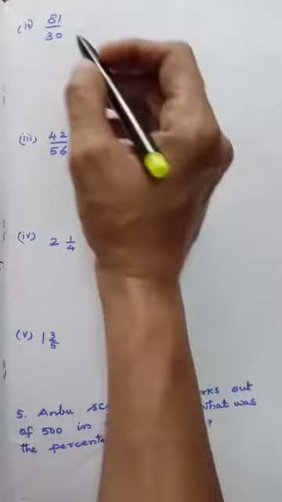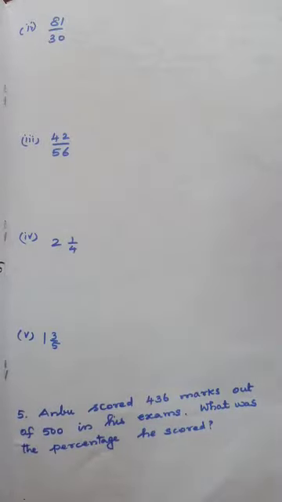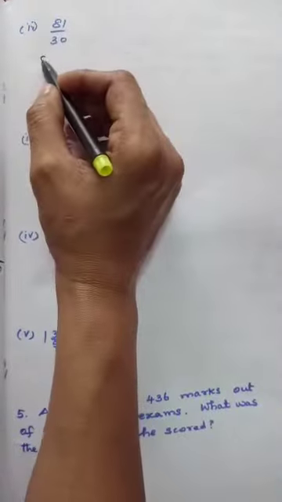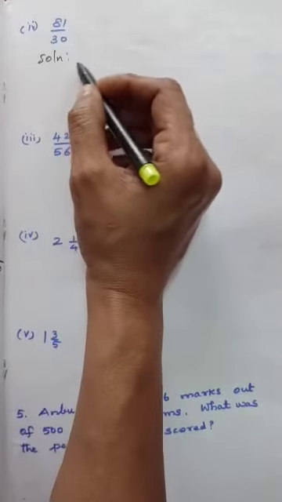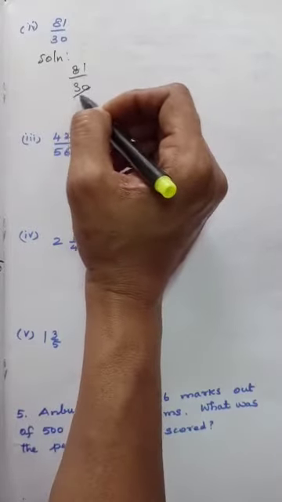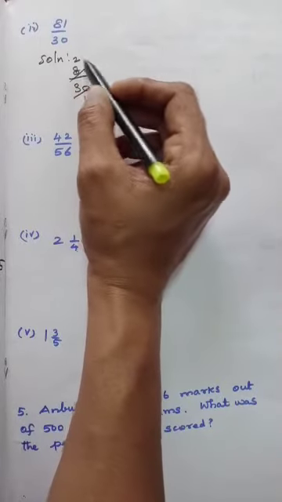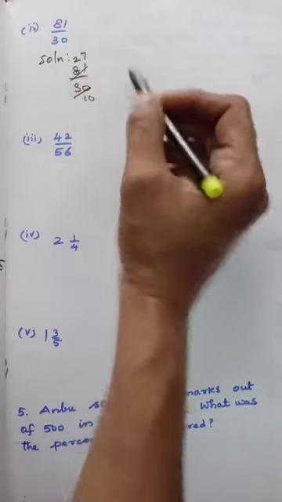Then the second sum is 81 by 30. Then you can cancel. You can cancel 81 by 30 by 3, isn't it? 3 tens are 30. Here 3 twos are 6, remainder 2, then 27.